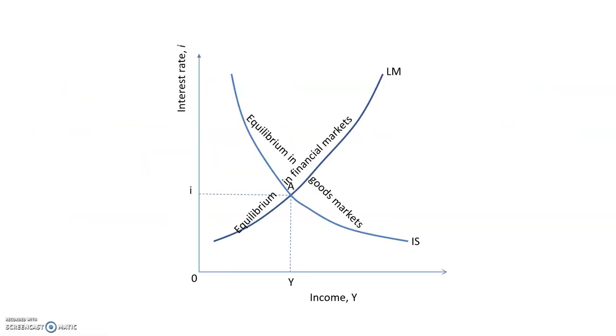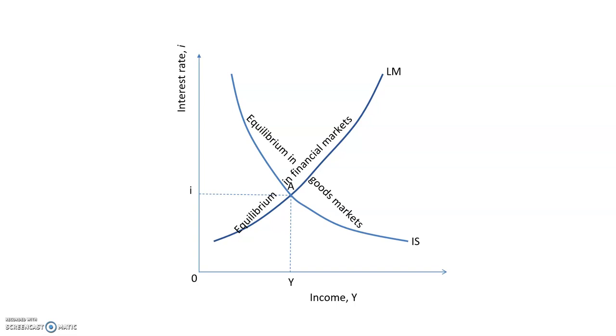So this figure plots both the IS curve and the LM curve on one graph. Output, equivalently production or income, is measured on the horizontal axis. The interest rate is measured on the vertical axis. Any point on the downward sloping IS curve corresponds to equilibrium in the goods market, and any point on the upward sloping LM curve corresponds to equilibrium in financial markets.